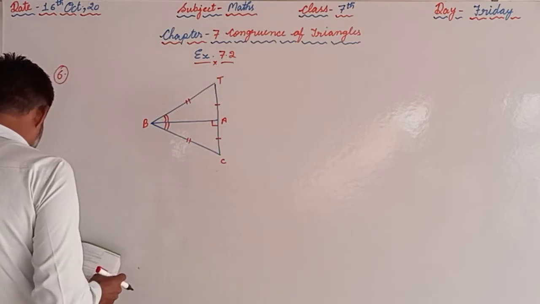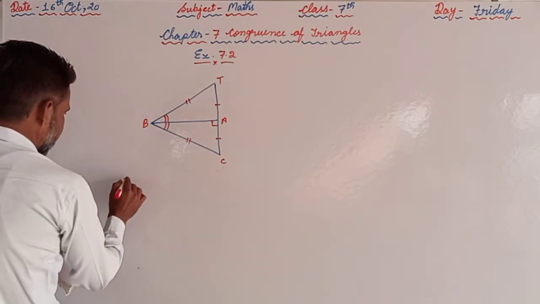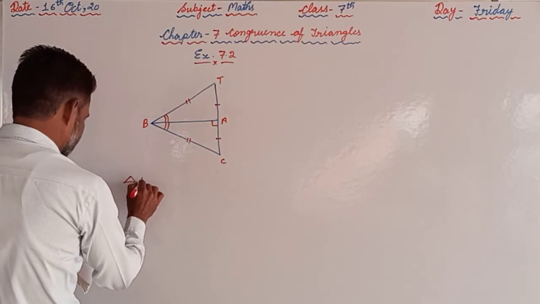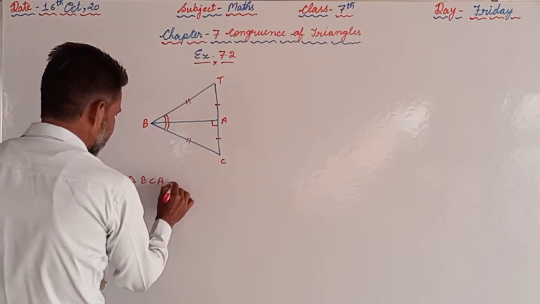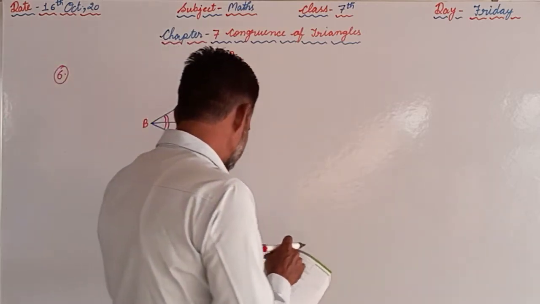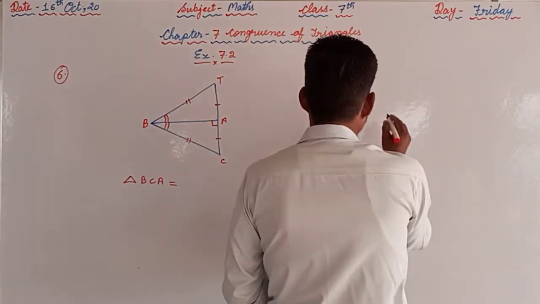So we are supposed to write the name, that is triangle BCA is equal to. Now the second one is like this.